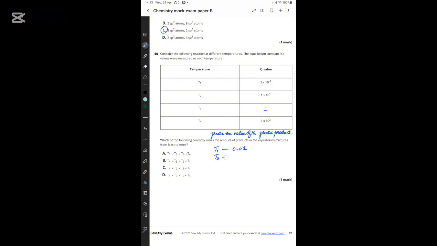So that is T3, and that is going to be a value of 1. Then we are having T2, which is having the value of 10. Then we are having T4, which is going to have the value of 100. So T1 is the smallest, T4 is the biggest. So the right option is going to be D.